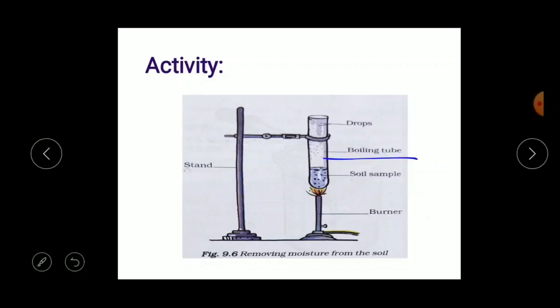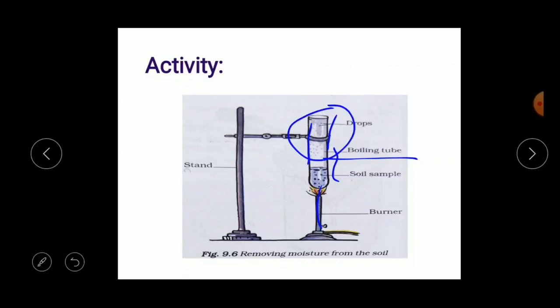First take a boiling tube, put 2 spoonfuls of soil sample in it, then heat it on a flame. Now observe it. Children, what do you observe after some time? After some time, you may find that on heating, water in the soil evaporates, moves up and condenses on the cooler inner walls of the upper part of the boiling tube.